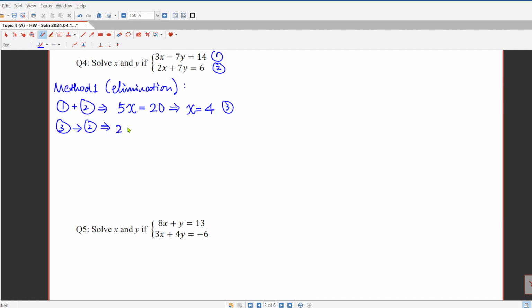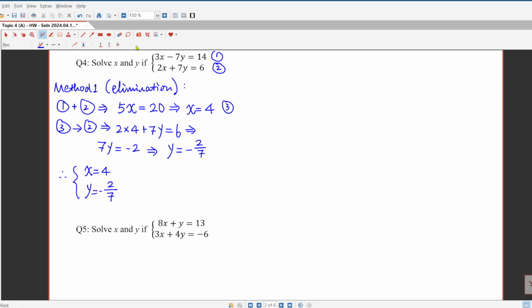Then we will get 2 by 4 plus 7y equals 6, which means 7y equals 6 minus 8, which is negative 2, right? And of course, y should equal negative 2 over 7. And then the solution is x equals 4 and y equals negative 2 over 7.